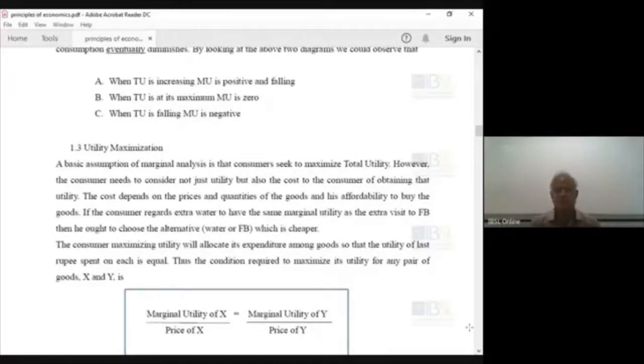That is the decision, right? Then utility maximization: cost depends on the price of the goods, quantities of the goods, and the affordability, income of the consumer.